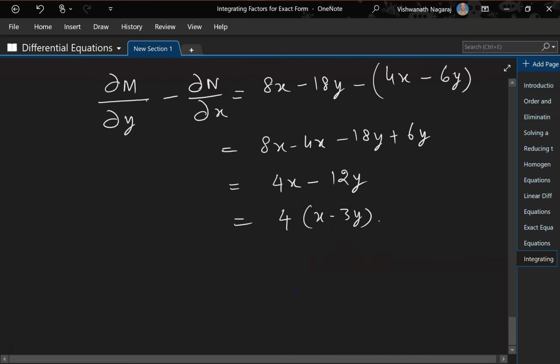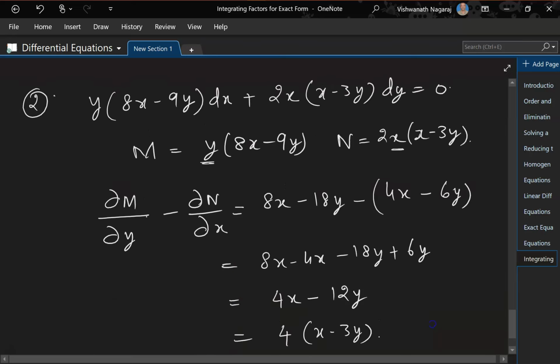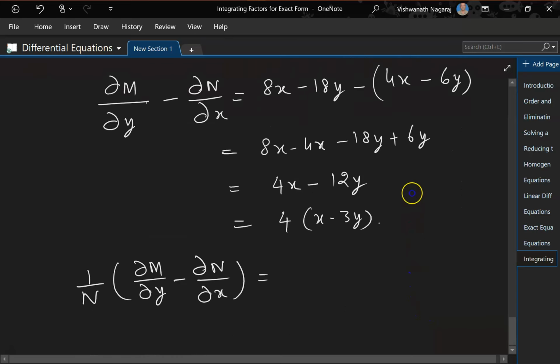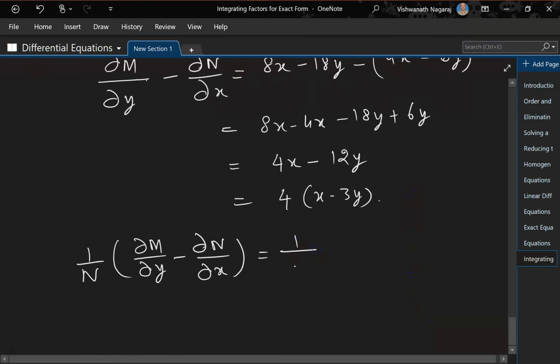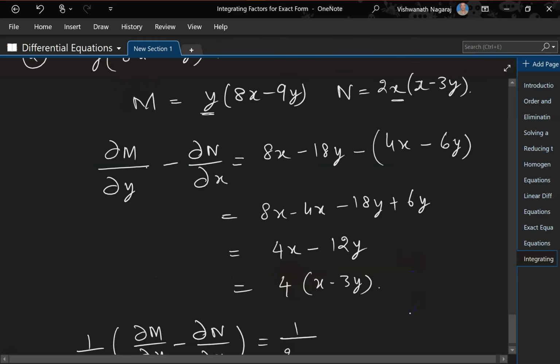Okay, now what do we do? 1 by N times dou M by dou y minus dou N by dou x would be equal to what? 1 by N. N is 2x times x minus 3y.